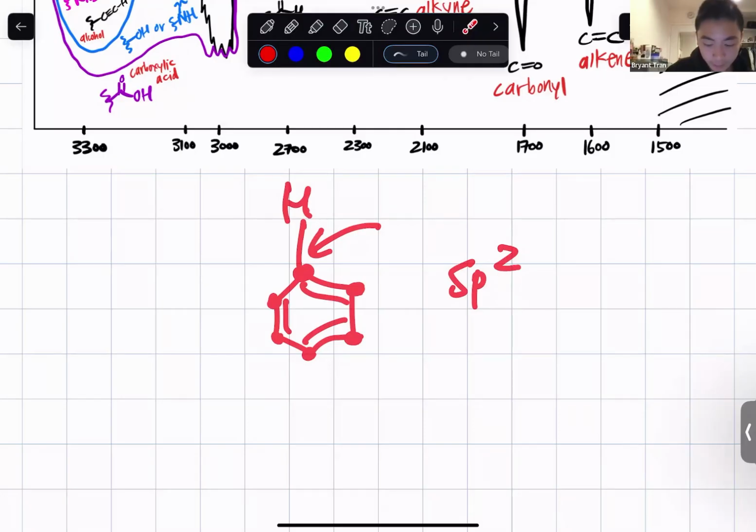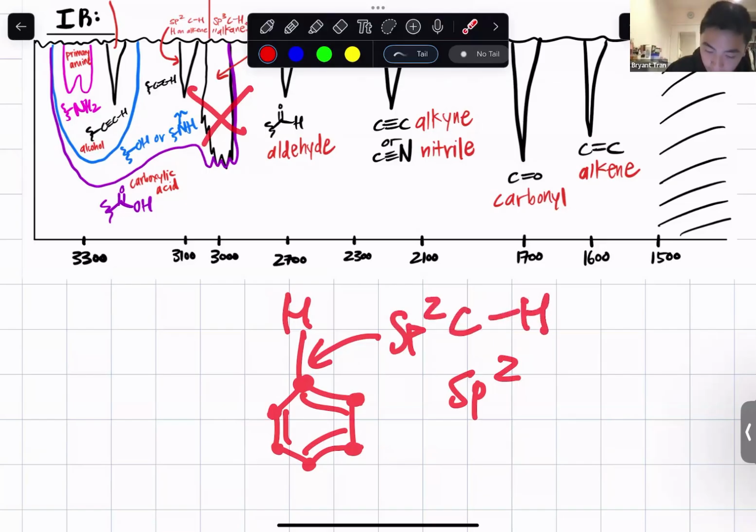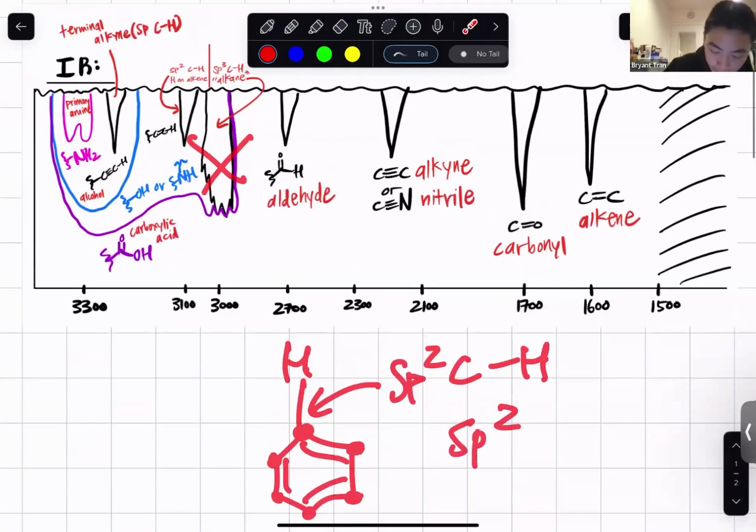So because we don't have an sp3 carbon to hydrogen bond, we will not have that peak if we shine infrared light through this benzene ring, right? This is an sp2 carbon to hydrogen bond, so that's going to be shown here as a small sharp peak at around 3100, so a little bit to the left of the 3000 baseline peak that we would usually see, right?